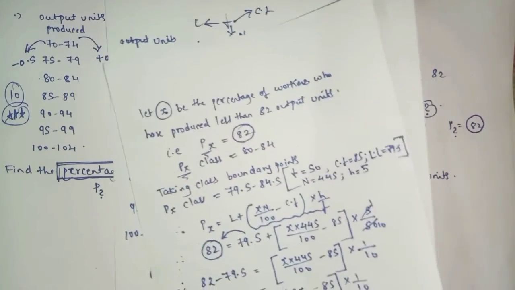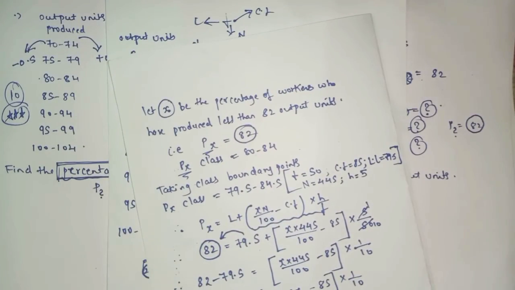In the exercise there is a sum based on the deciles, where two frequencies are missing and the decile was given. We'll take one additional sum where we find the missing frequency when a percentile is given. In the second exercise, you have to find the missing frequency when the decile was given.